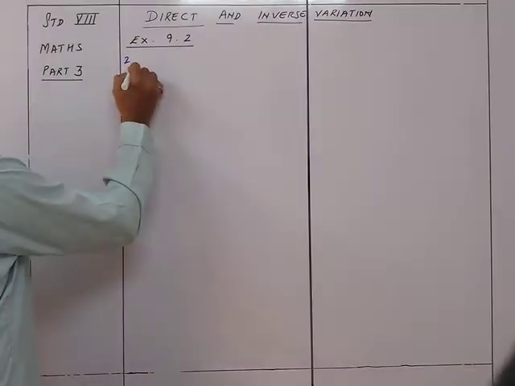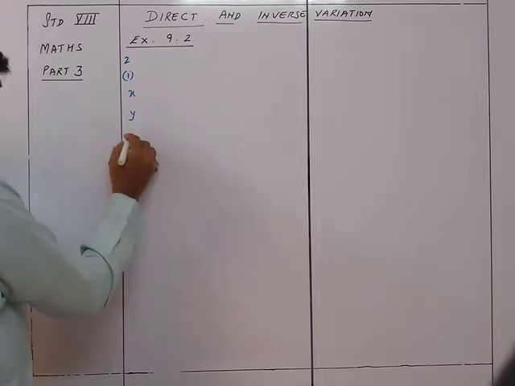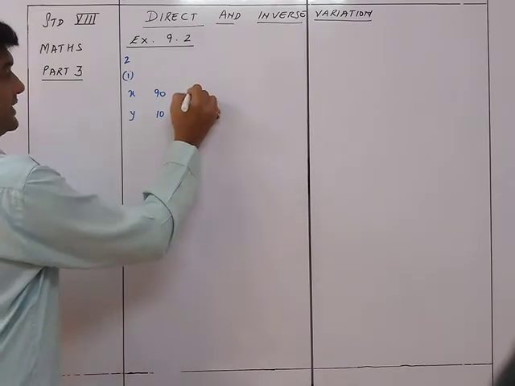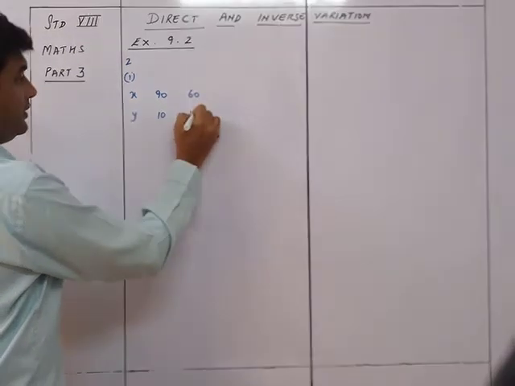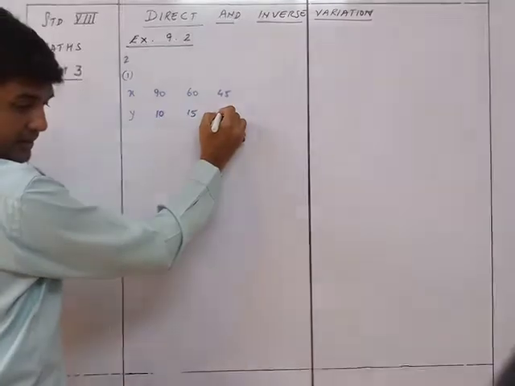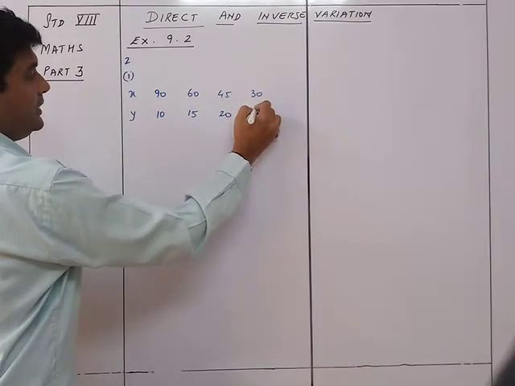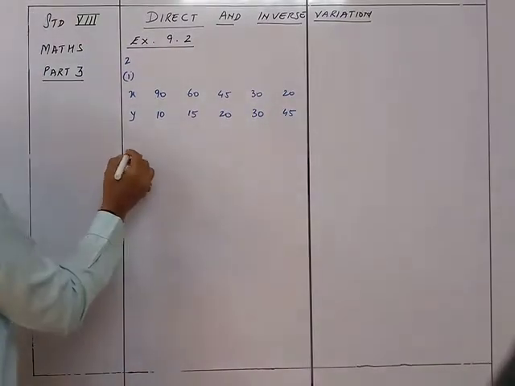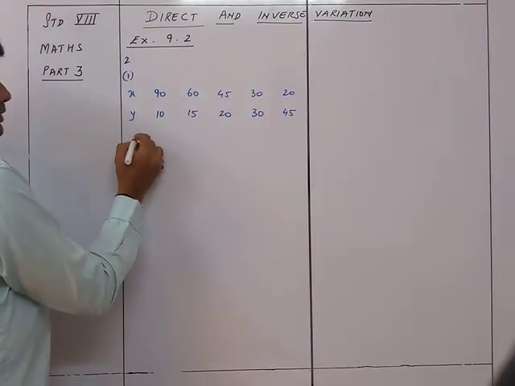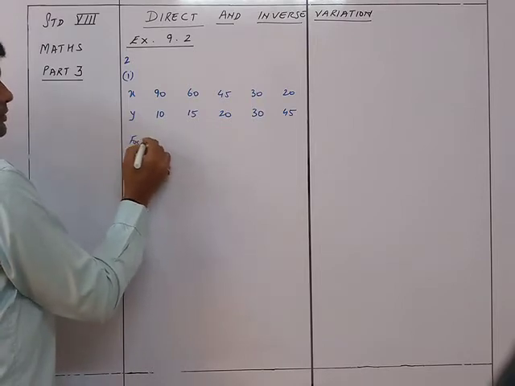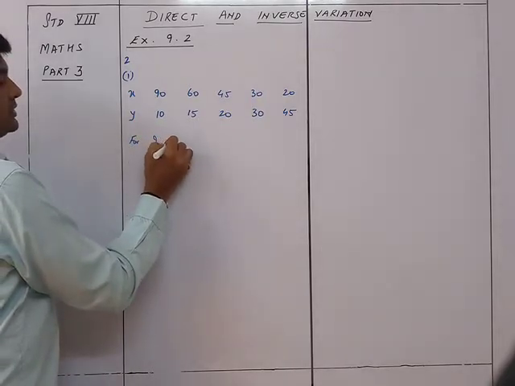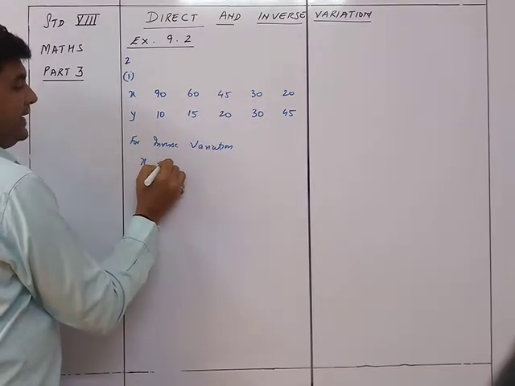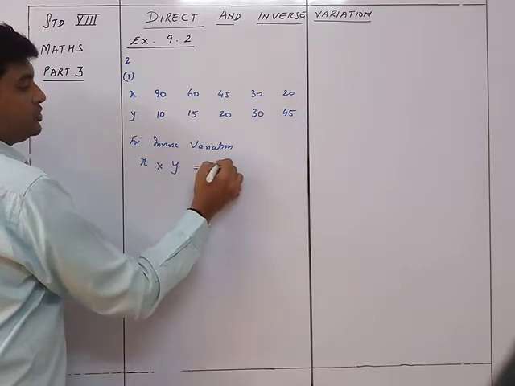For the first one, you have got x and y: 90 and 10, 60 and 15, 45 and 20, 30 and 30, 20 and 45. So here we know that for inverse variation, x into y is equal to constant.